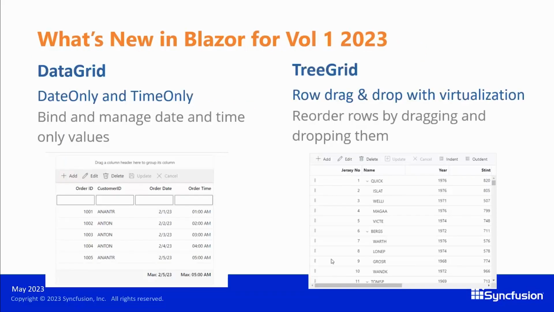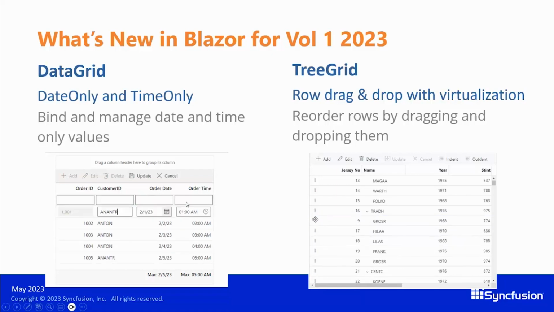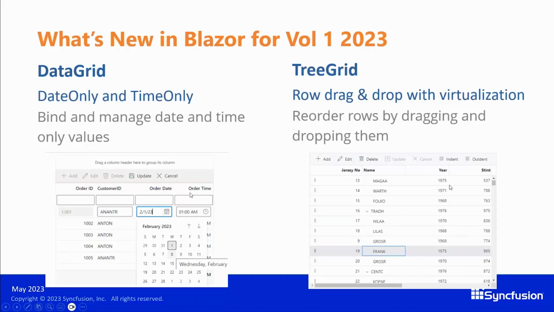And to the data grid component, date only and time only support has been added. You can see in this image, there are two fields, order date and order time. Order date is of type date only, and order time is of type time only.